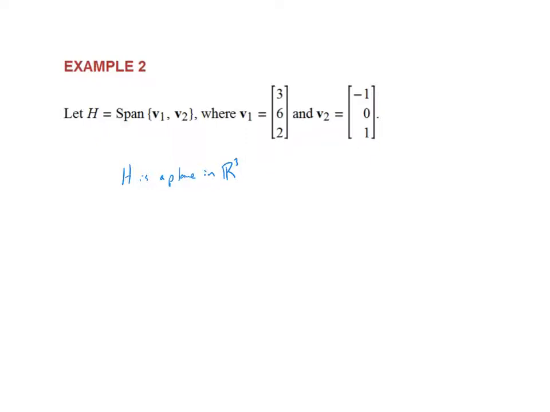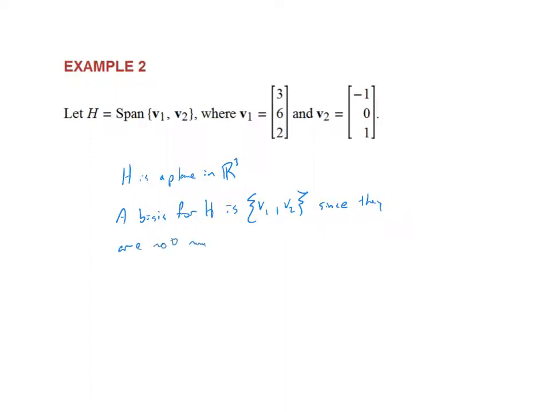So a basis for H is the set V1, comma V2, since they are not multiples of each other. That's kind of what I just said out loud.